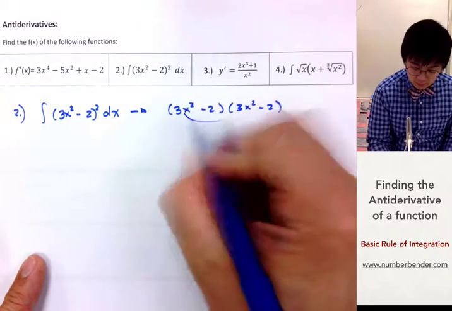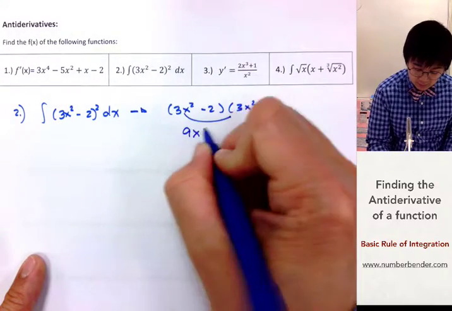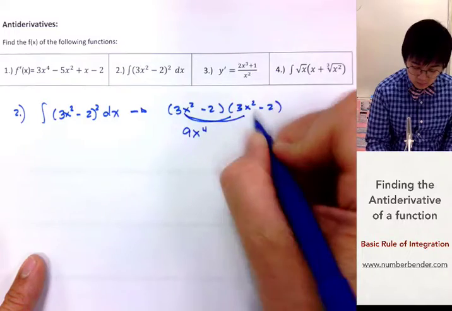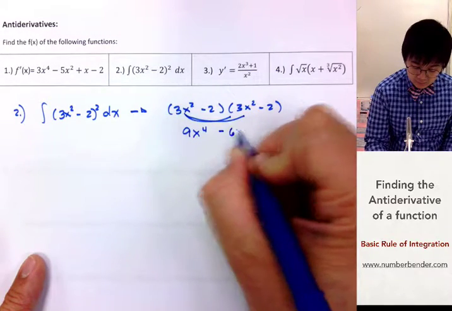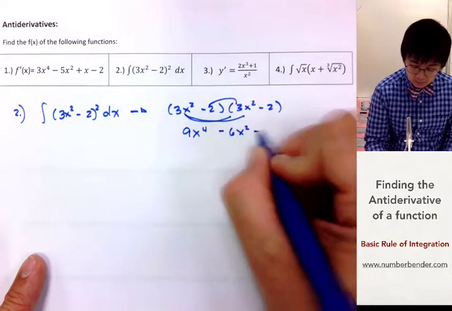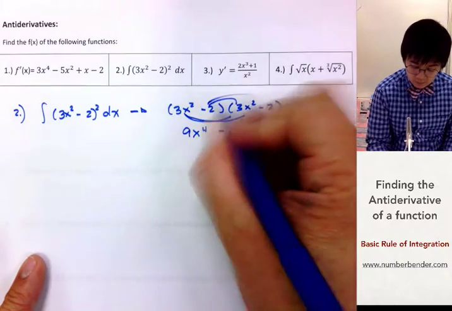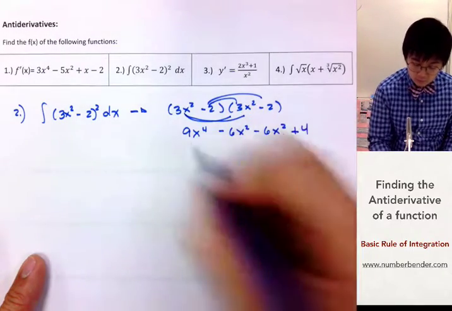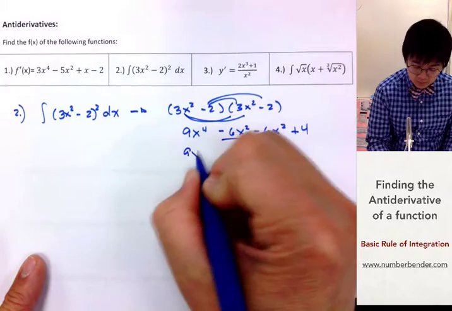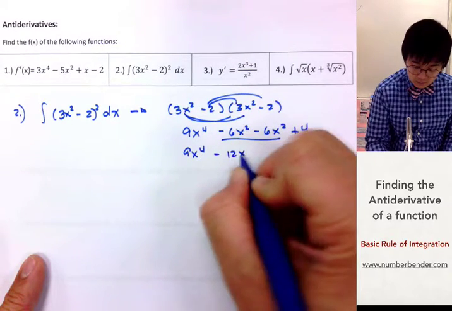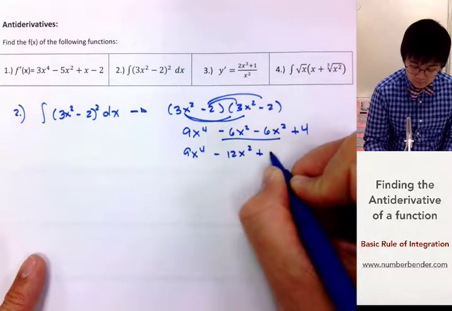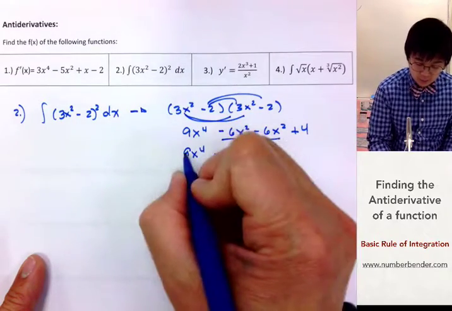By the distributive property, this is 9x to the 4th, negative 6x squared, minus 6x squared, plus 4. Add this up, plus 4. This is now our new function.